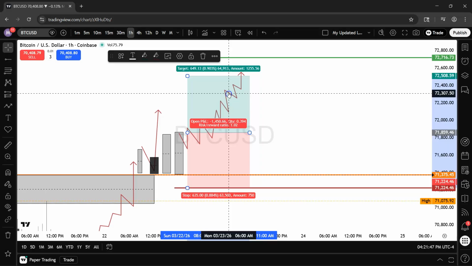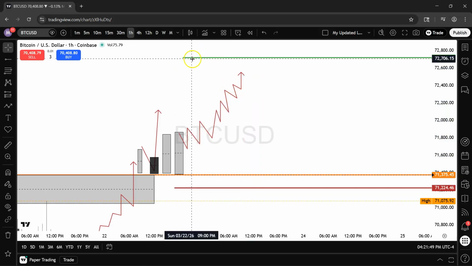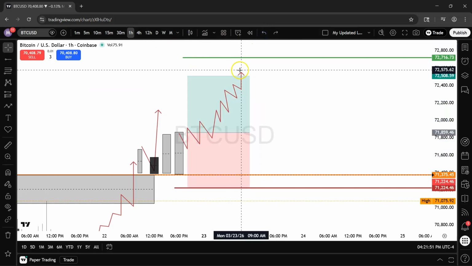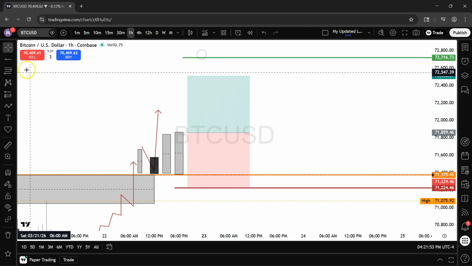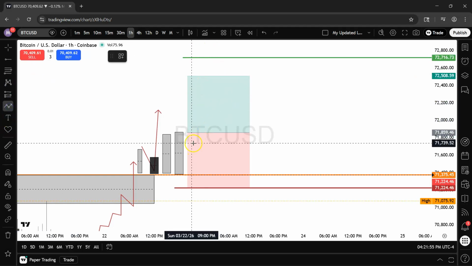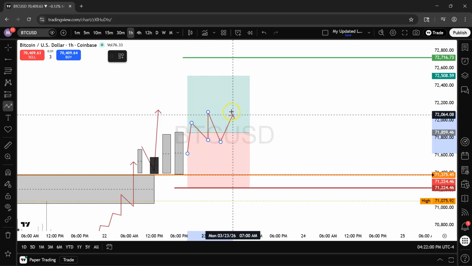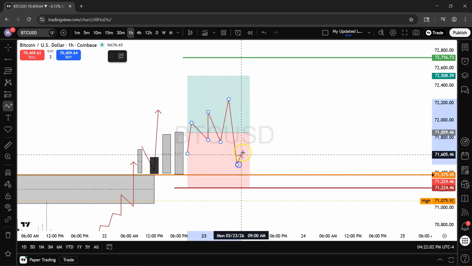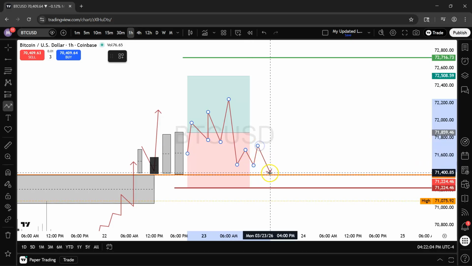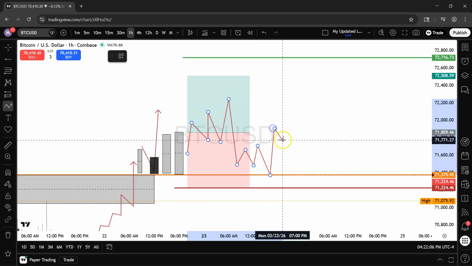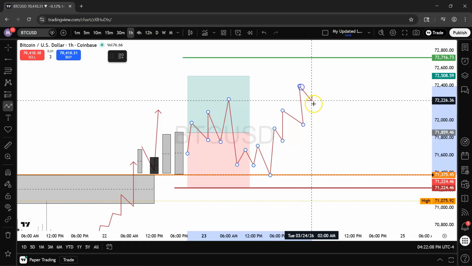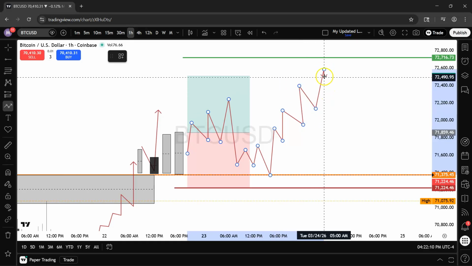Okay, so that's one scenario. The next scenario: it may trend up. It may get close to your stop loss. It may want to retouch that line. It may do anything it wants to do, and then eventually hit your take profit.